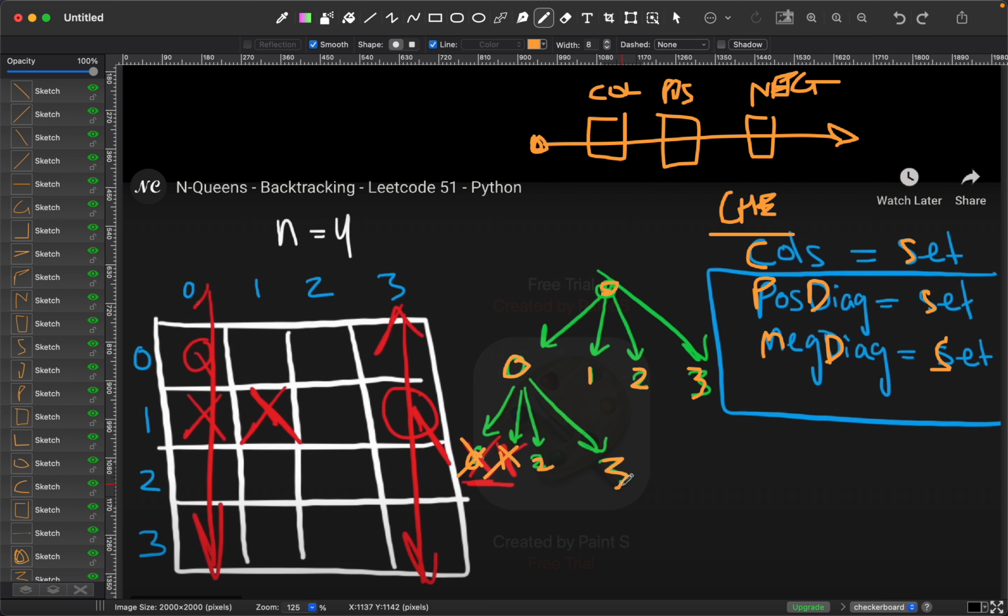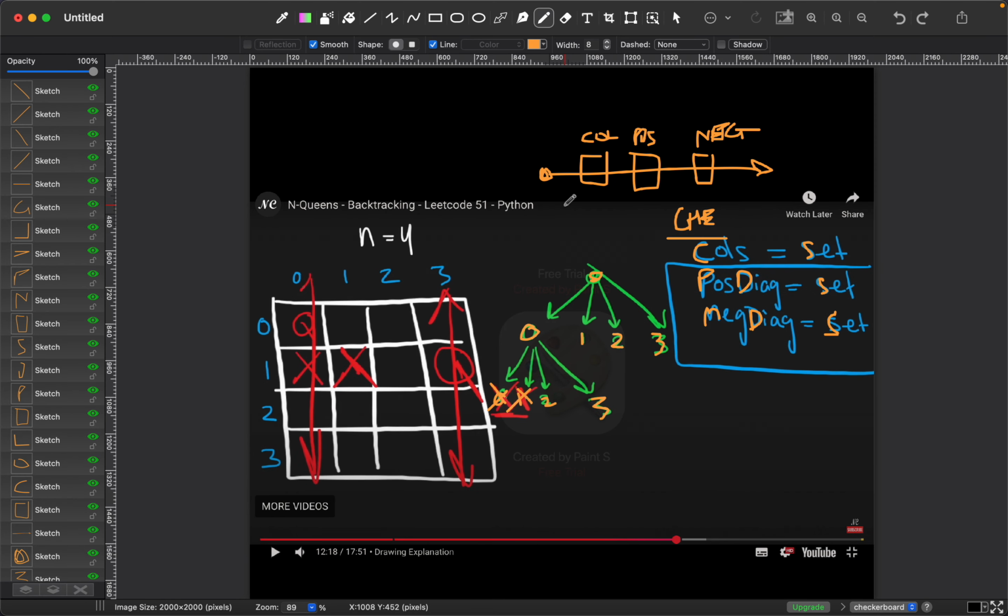And as you can see, each brute force item has to go through these 3 checkers to make sure that you are within boundary and that you're following the rules of the n queens. So yep, that's everything they've discussed.